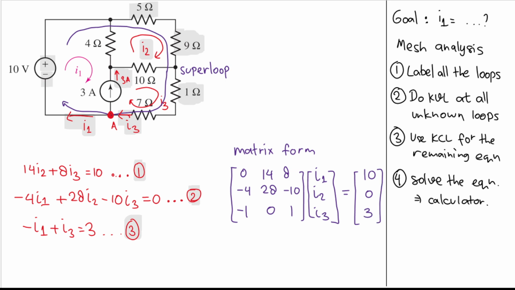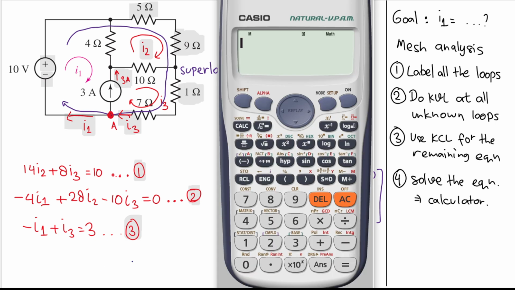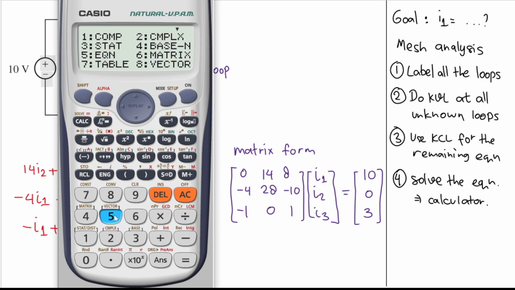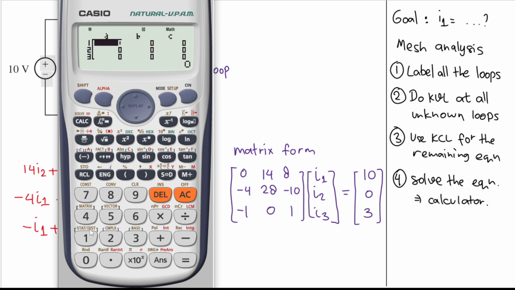Good. Now what can we do? We plug these coefficients into the calculator. How to do it? Let's do that. This is my Casio calculator. You can use this setup button, and then equation solver is number 5, and 3 variables is number 2. We can just plug in the coefficients. So I have 0, 14, 8, and then 10.